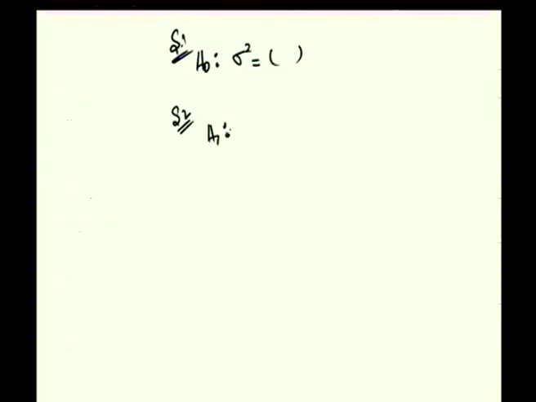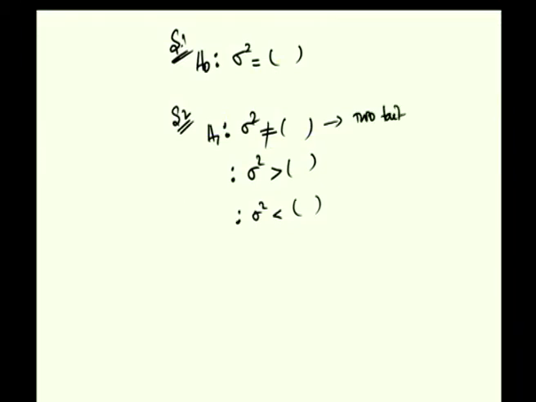Step 2 is the alternative H1, which states that sigma square is not equal to a particular value, or sigma square is greater than a particular value, or sigma square is less than a particular value. In the first case it is a two-tailed test, and in the other two cases it is a one-tailed test.